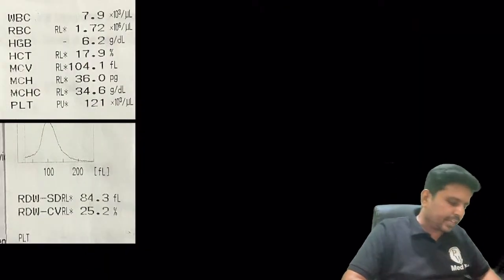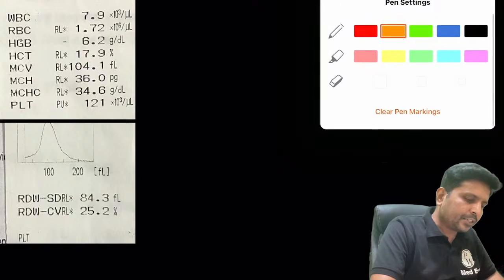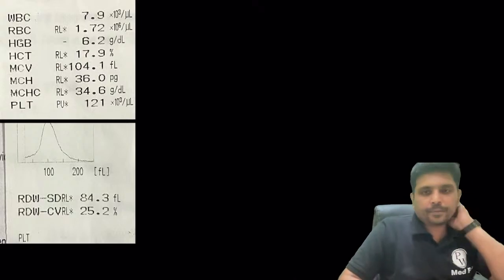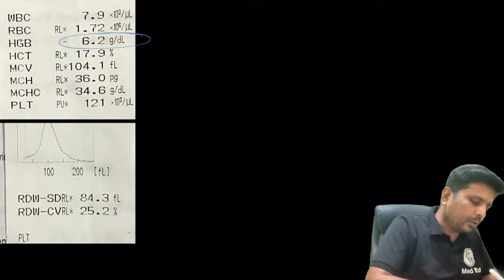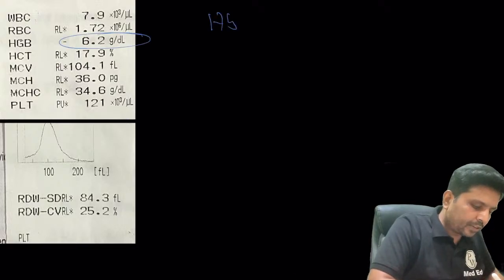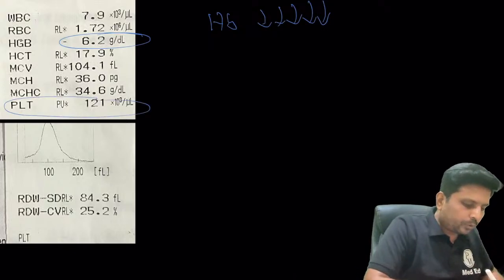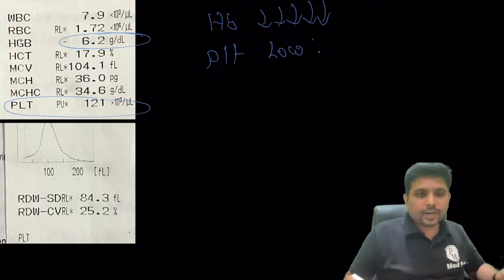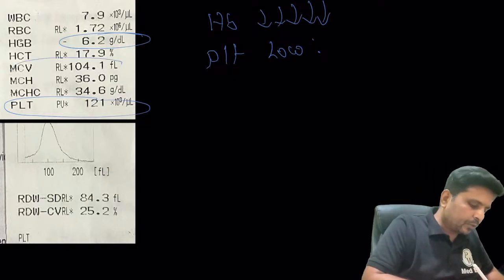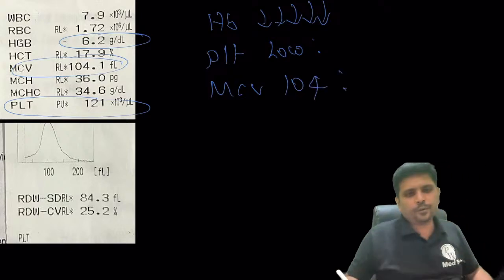Next, what is this case? Look at this: hemoglobin is low and my platelet is also low. MCV is 104.